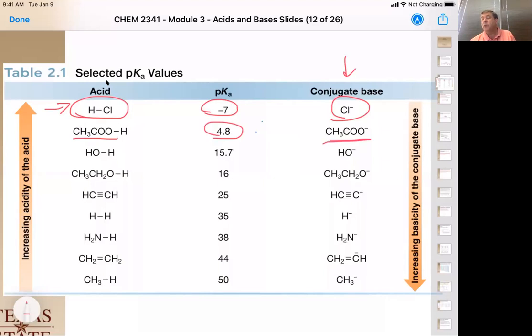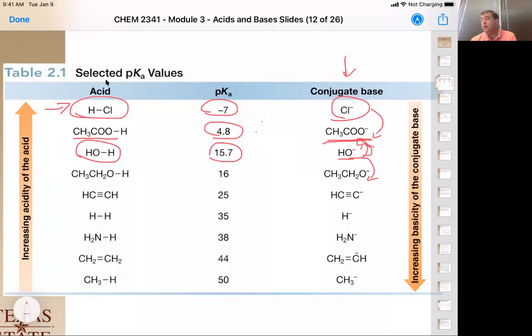This is a stronger base than the chloride, but a weaker base than hydroxide. Okay. When we have water, it had a pKa of 15.7. It made the hydroxide ion, which is a stronger base than the one below it, but a weaker base than the one above it. Okay, do we see how that kind of works together?